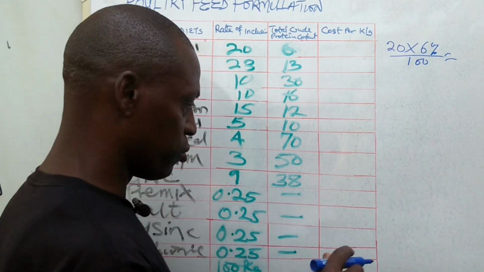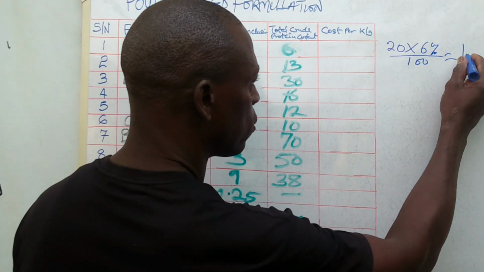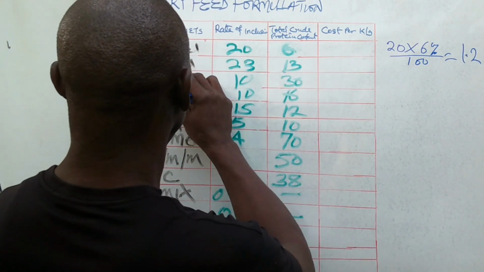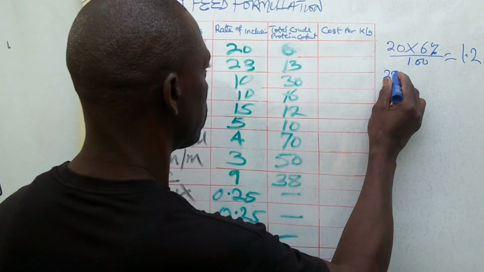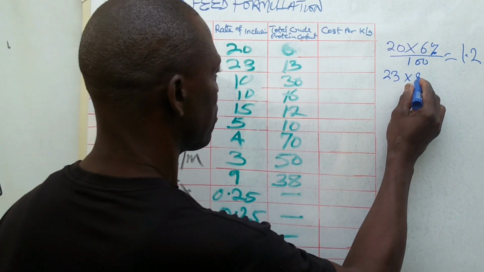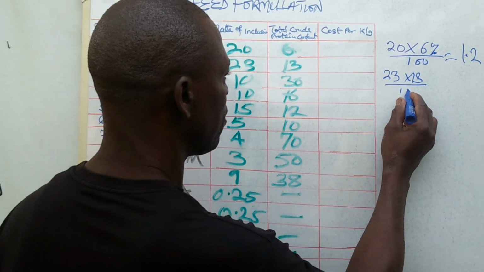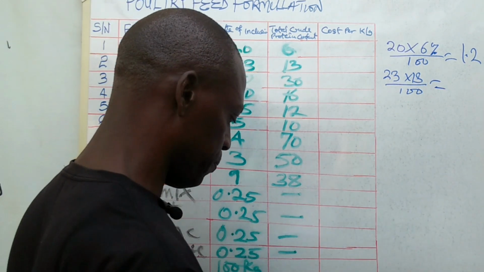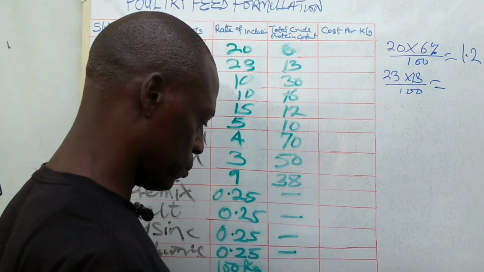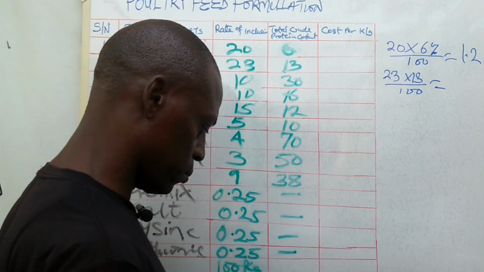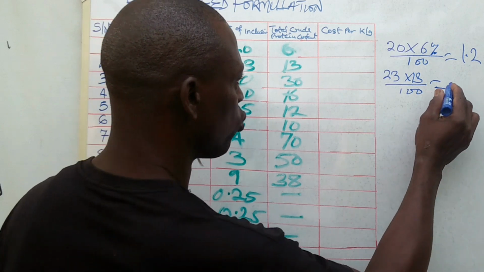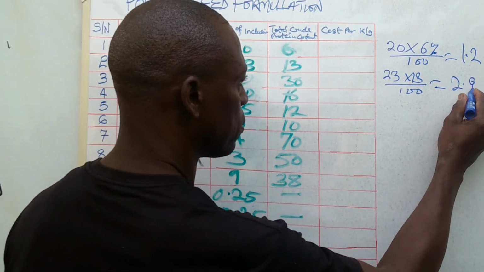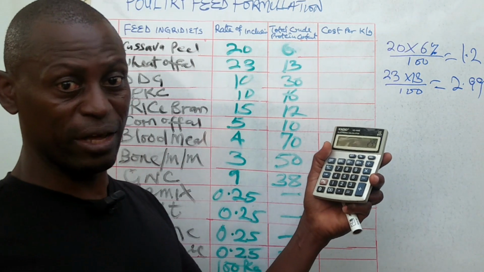This will give us 1.2. Then the second stage is 23 times 13 all over 100, to give us 2.99. I don't know whether you're following.